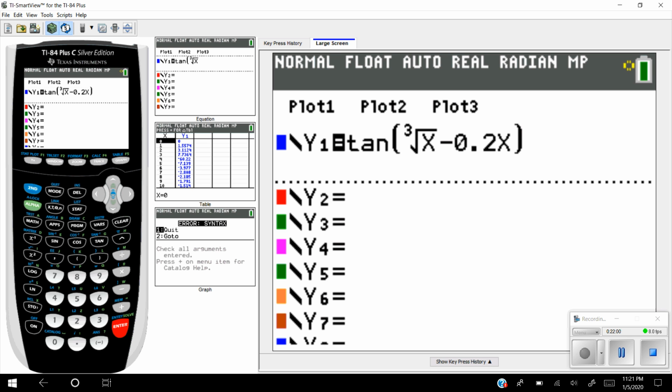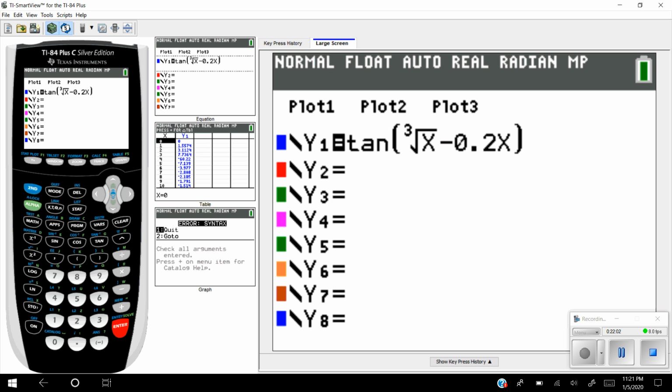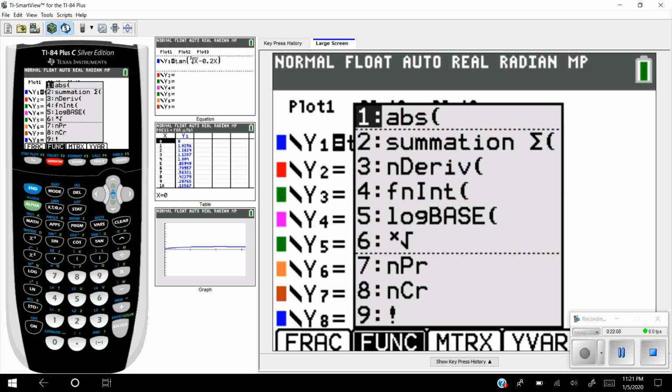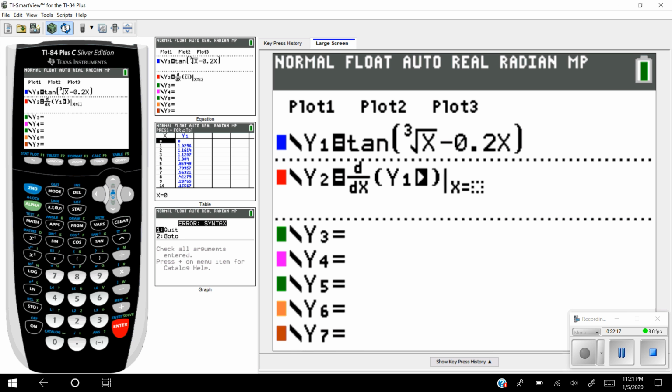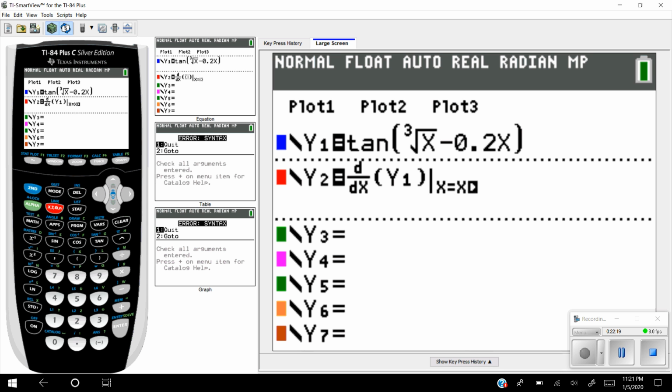Okay, so that is the velocity function. We want the acceleration function, so that'll be the derivative. So alpha window and deriv, d over dx of y1 at x equals x.